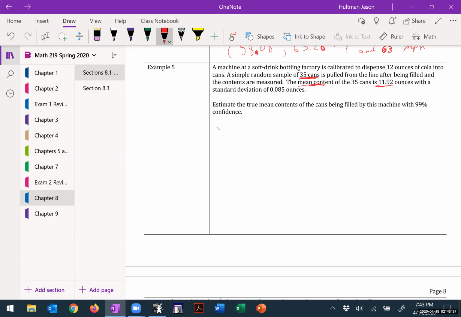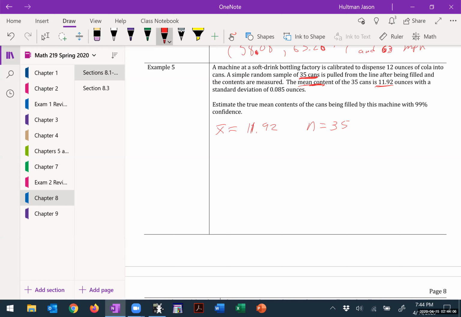Okay, it's x bar. So x bar is equal to 11.92, right? Okay, what's the sample size n here? The sample size is 35, right? Sample size is 35.